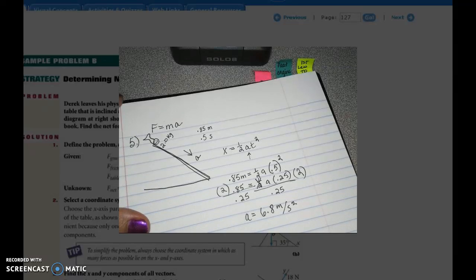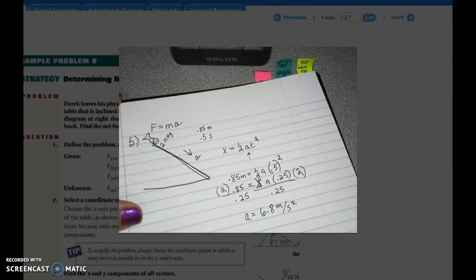So it's easy to forget the kinematics because they were last chapter, but they help in solving any problems using straight line motion, right? So we just have to use one of those equations. So now we have acceleration and we have mass.